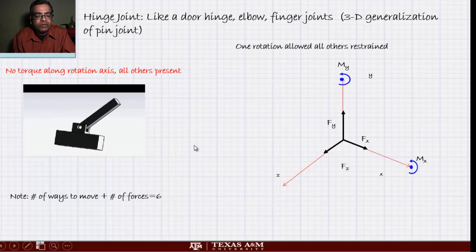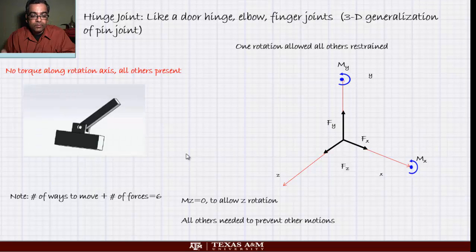The number of ways in which it can move is called degrees of freedom. So degrees of freedom plus the number of constraint forces must add up to 6. That's the idea. So this is a hinge joint. This is what your door hinge, elbow joints, and finger joints have. They have 5 constraints and one motion that's allowable.